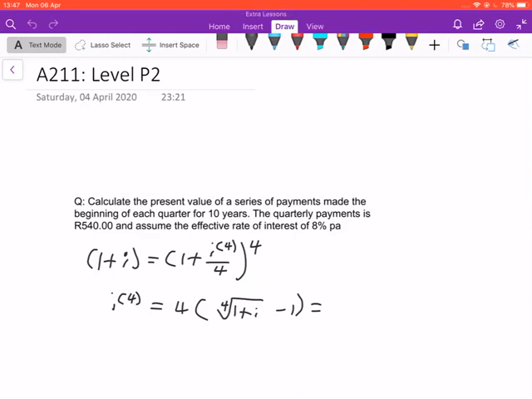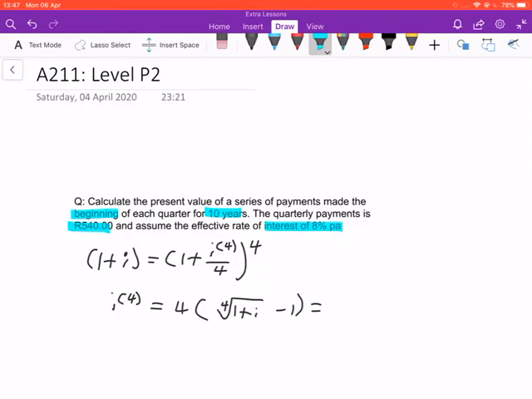There are important things we need to highlight here. This payment is made for 10 years, the quarterly payment is 540, and the effective rate of interest is 8% per annum. And again, this payment is made at the beginning, which means it is made in advance.